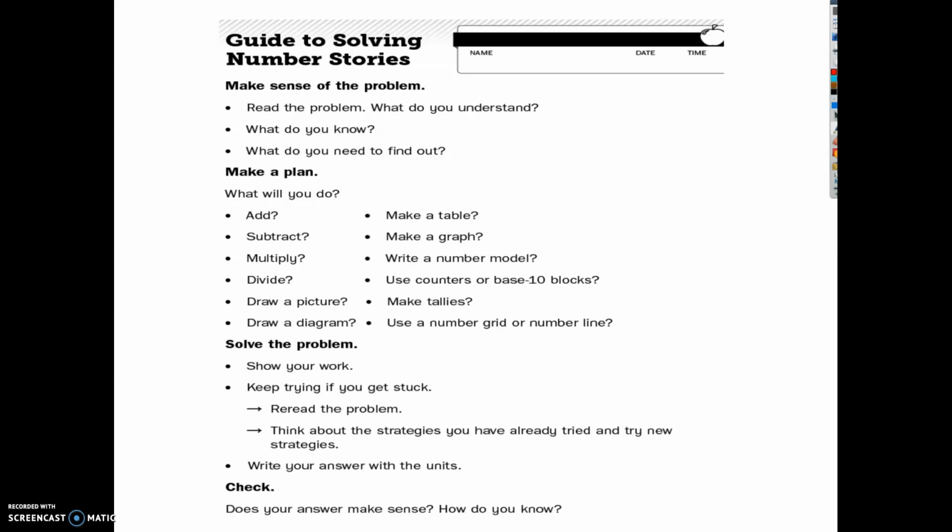I tell my boys and girls that when they need to make a diagram or a sketch to solve a word problem or a number story, when we're down here where it says draw a picture, draw a diagram, make a table or a graph or make tallies, I always use the phrase, when in doubt, draw it out. And when I say that, it doesn't mean that it has to be a fancy picture that's going to go into an art museum.